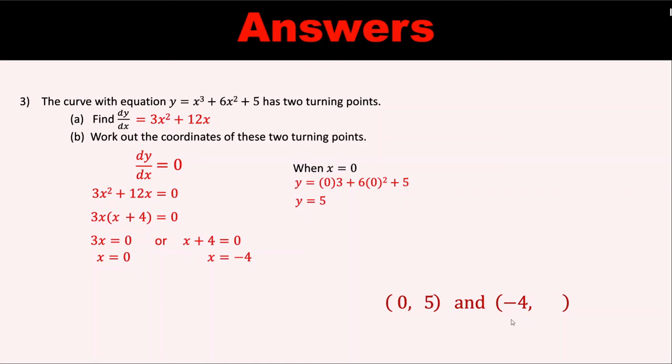When x is equal to -4, substitute -4 into that original equation for y: y is equal to -4 cubed plus 6 times -4 squared plus 5. And that works through to give y is equal to 37. So we've got the coordinate (-4, 37).